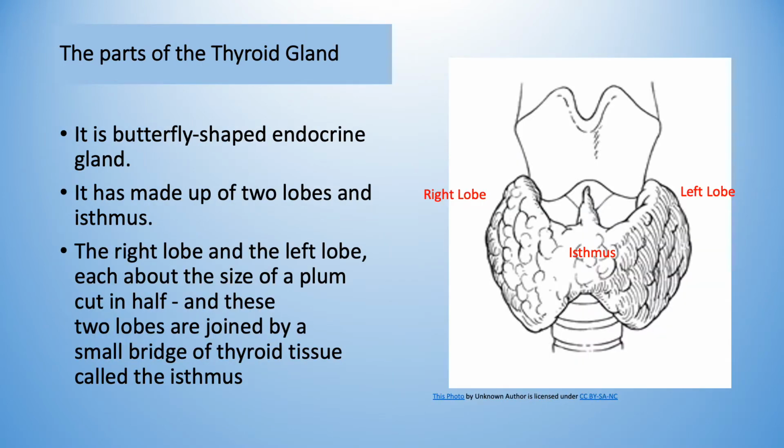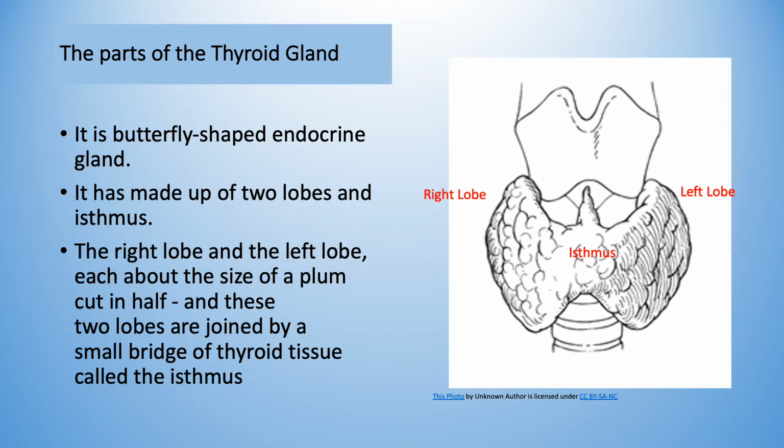What are the parts of the thyroid gland? The thyroid gland is a butterfly-shaped endocrine gland. That means it produces hormones and releases them directly into the bloodstream.